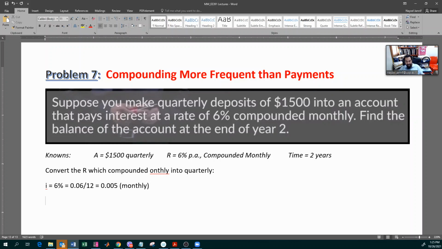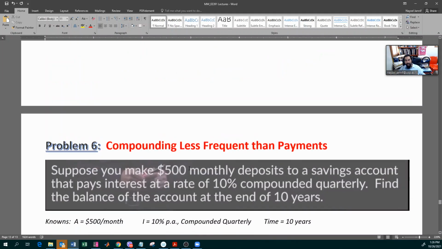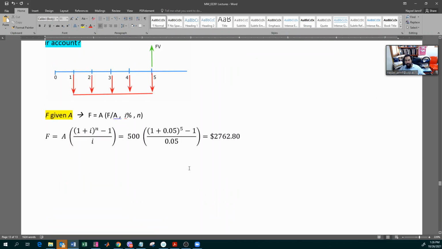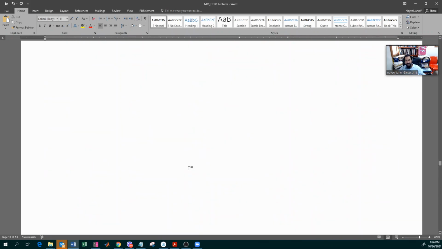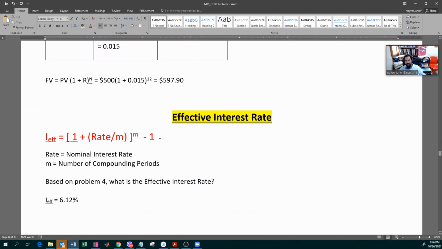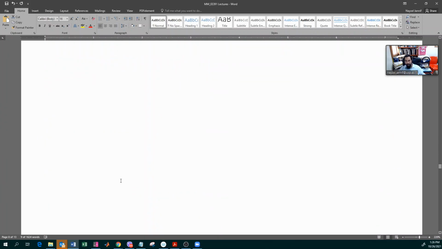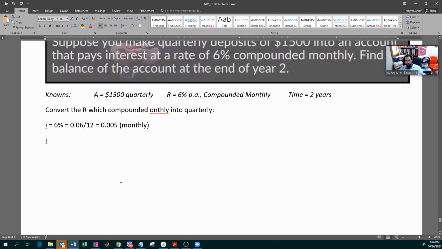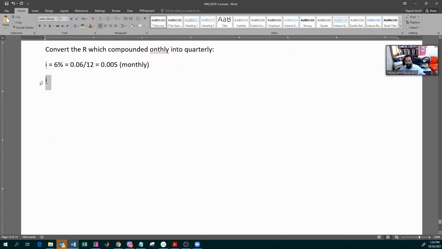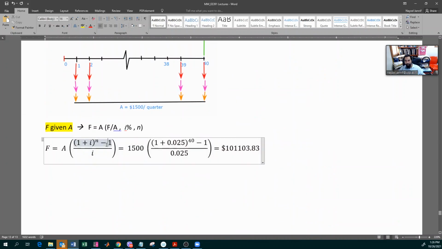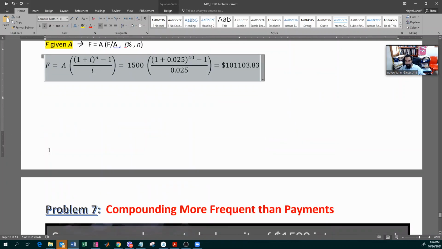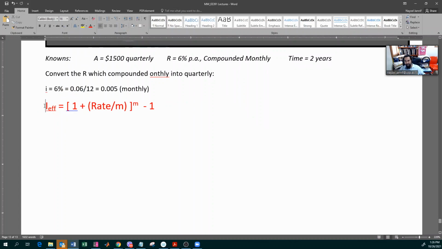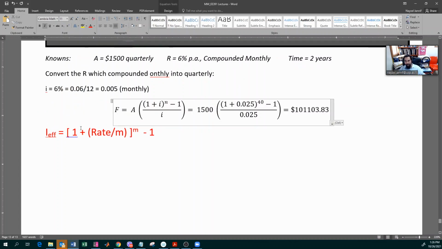Then the next thing is we have to calculate. Let's go back to an earlier lecture where we were calculating the effective interest rate. Let me put it into MathType.